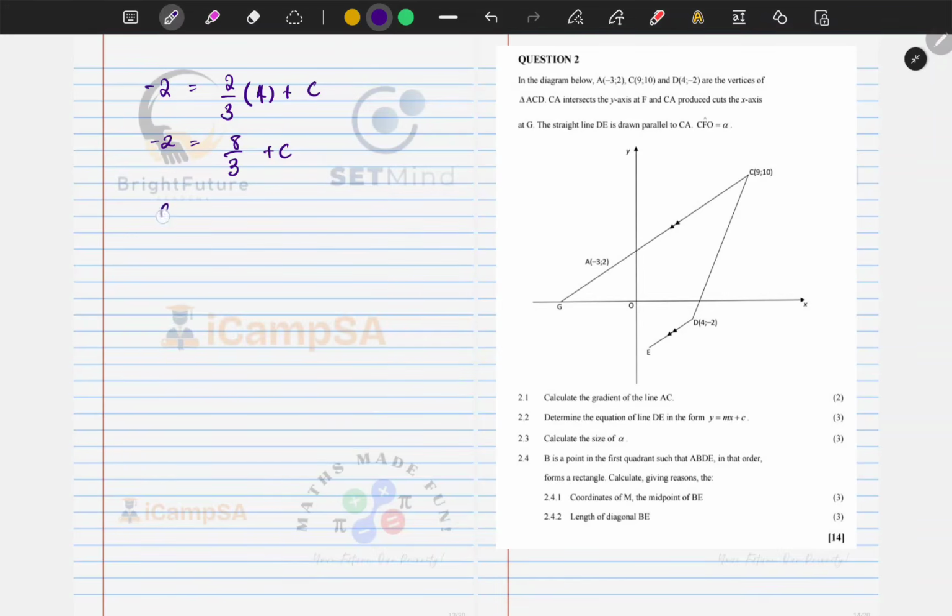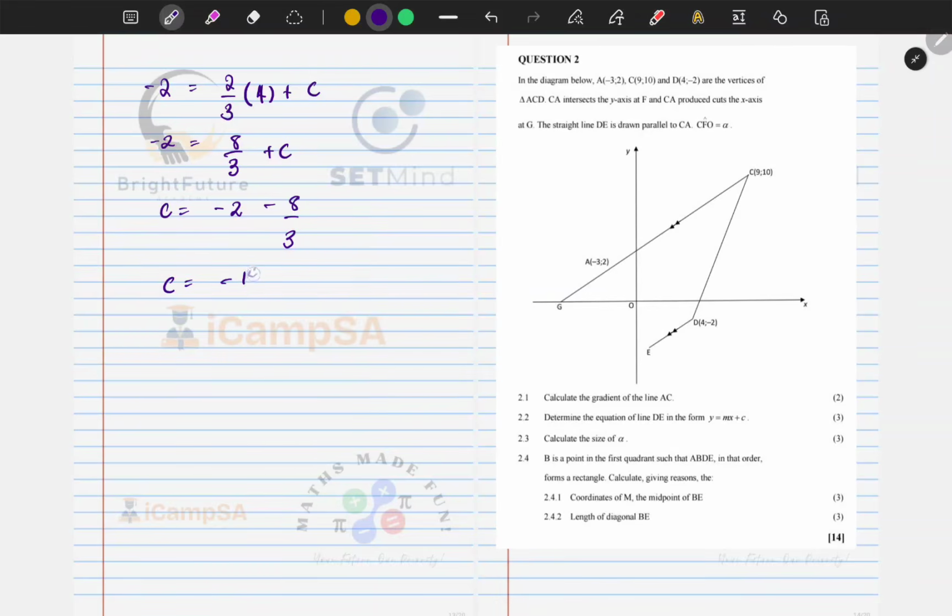And then you will have your c as minus 2 minus 8 over 3. Here you can simply punch your calculator. You don't have to stress yourself about this. They didn't tell you not to use a calculator.